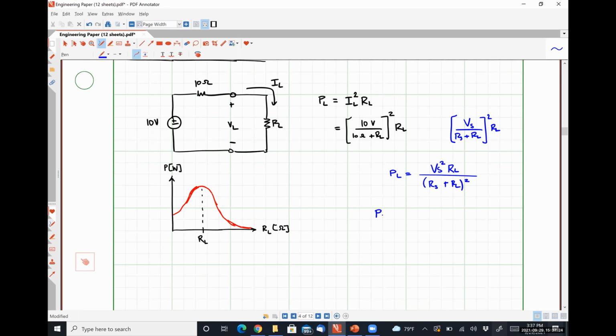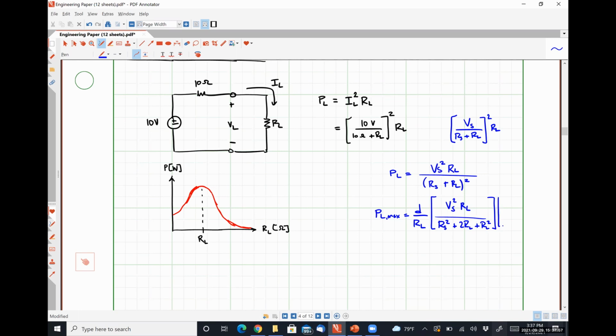So PL max can be determined by taking the derivative with respect to RL of VS squared multiplied by RL divided by RS squared plus twice RS RL plus RL squared.